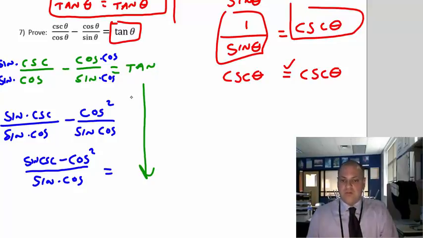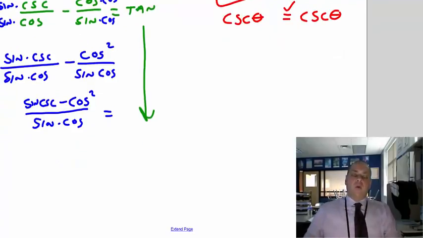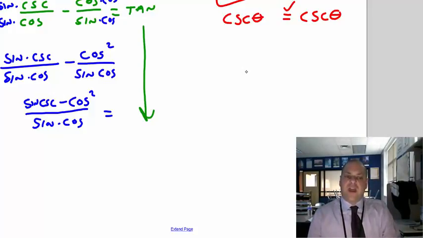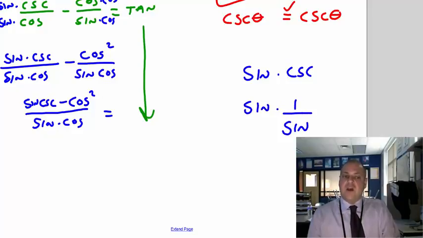And again, that equals tangent. I'm just carrying it down. Now what do I do? Well, I've got everything in sine and cos except for this guy right there, I have a sine cosecant. On the side here, I want to do sine cosecant and show you what it comes out to be. Sine times cosecant is the same as sine times 1 over sine, because cosecant is 1 over sine.